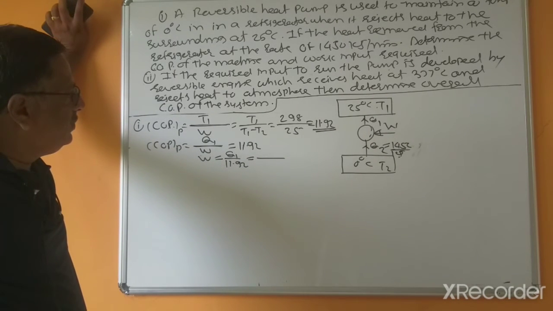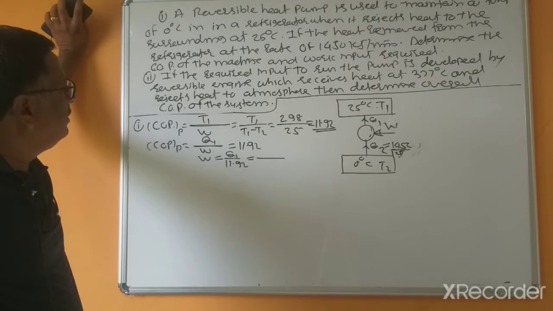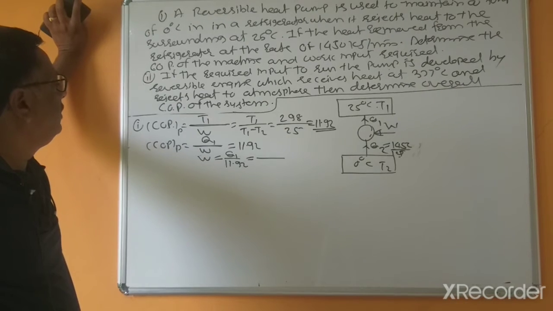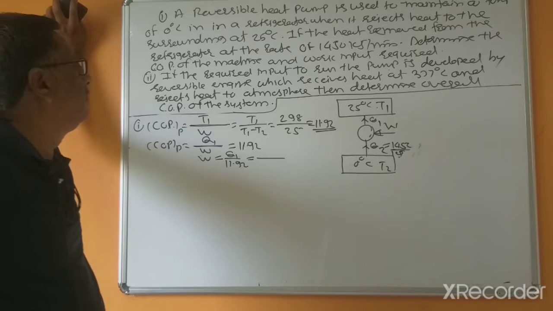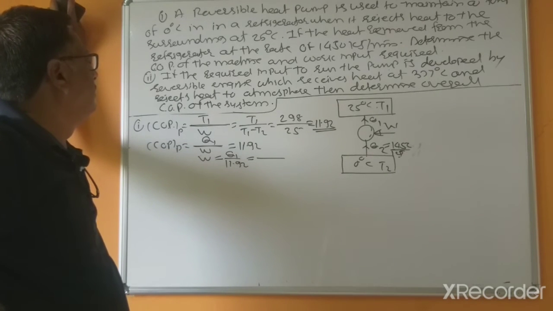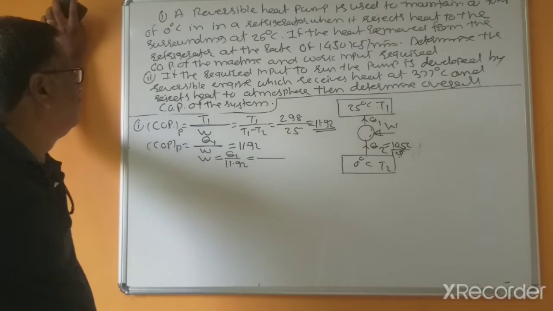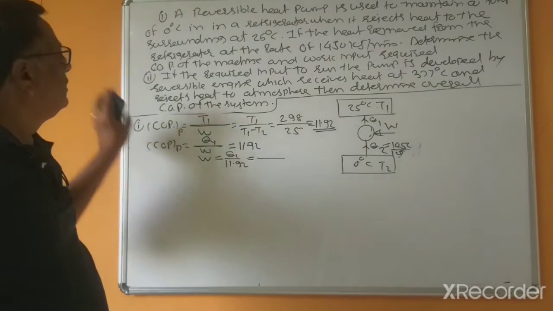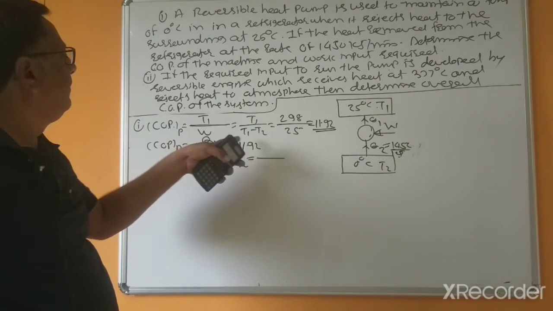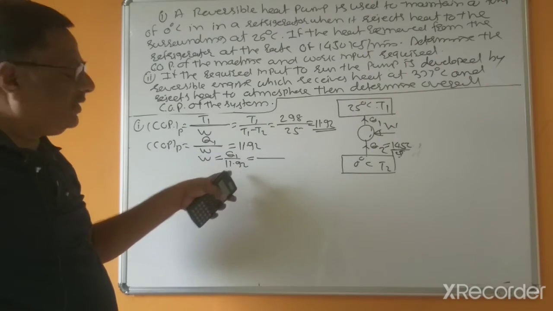Because here there are 3 unknowns, Q1, Q2. Q2 is given, W is unknown. 11.92. So W equal to T1, means 25, and 11.92.